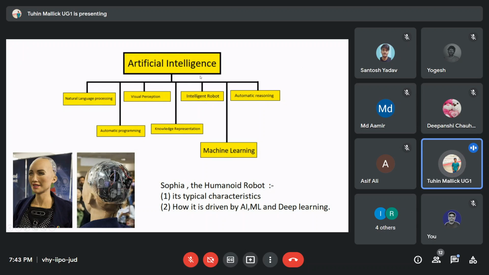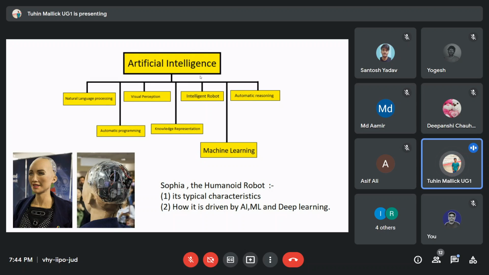So regarding this artificial intelligence, I want to give a very good example, a burning example of artificial intelligence in our world. Obviously, there are many examples, but I have specifically picked this example, the humanoid robot Sophia. If you haven't heard about this particular humanoid robot called Sophia, she is the first robot in human history to be given a citizenship by any country.